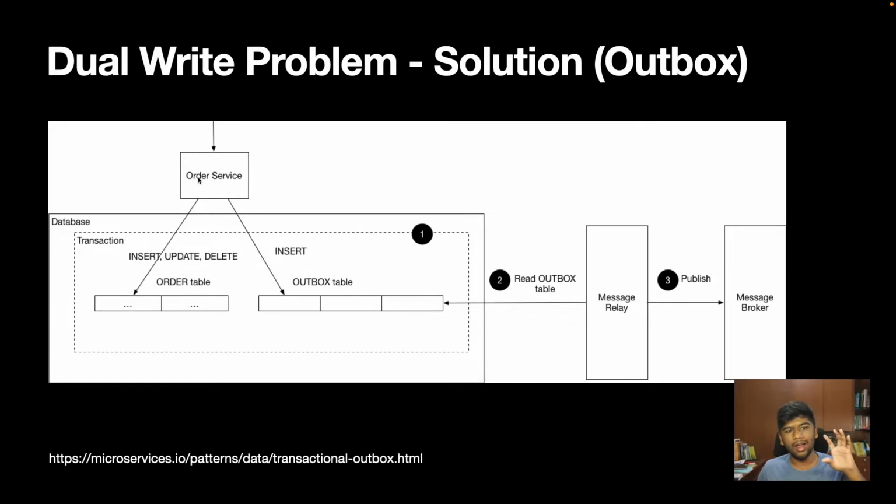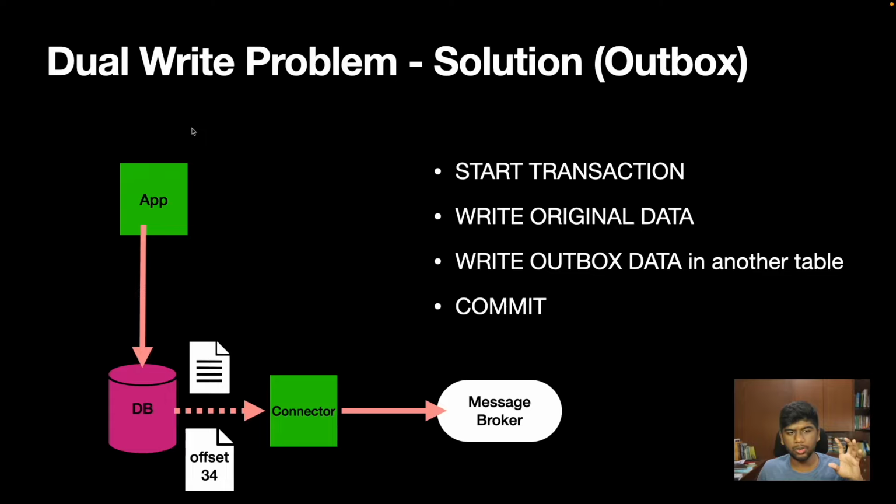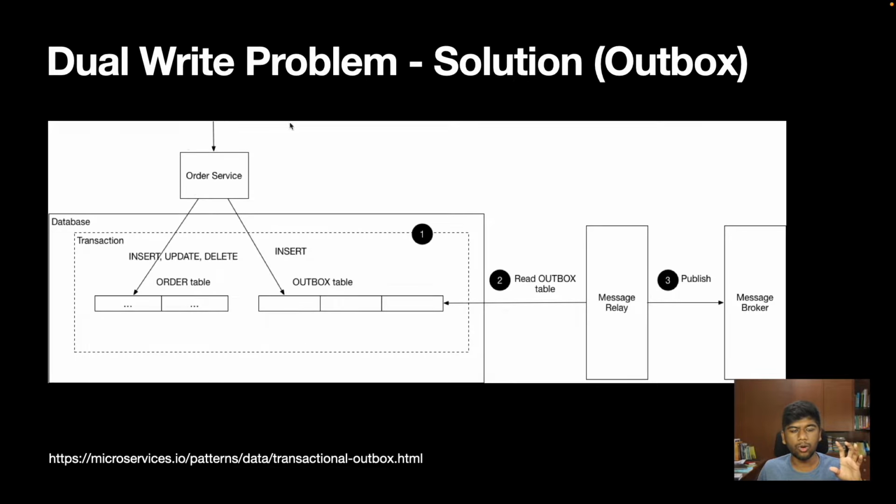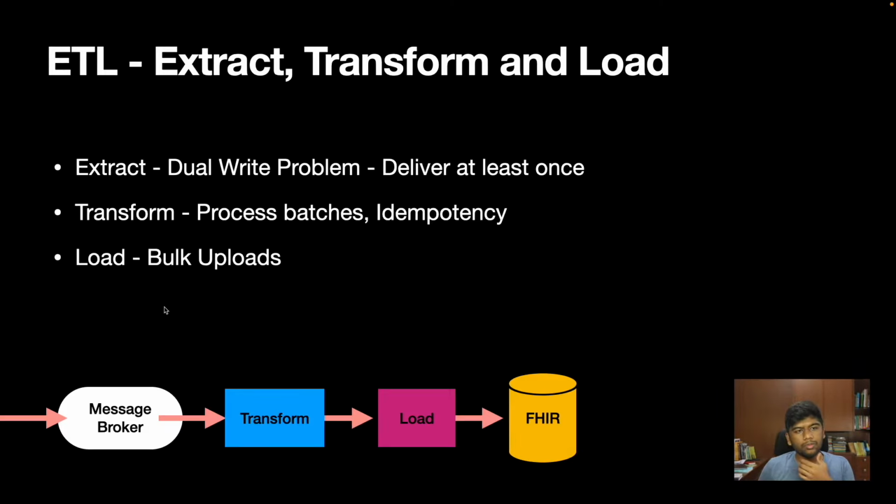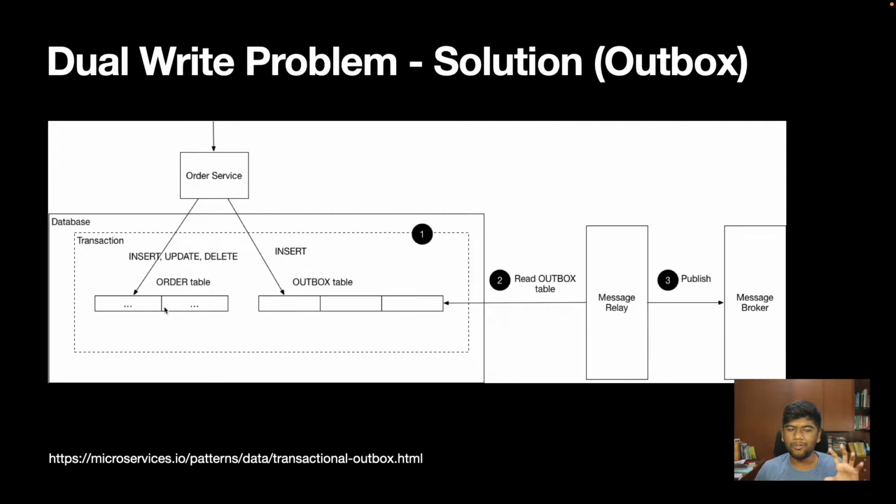So again, you have to make changes to the original app here, but your original application inserts both the original table and the outbox table that needs to be sent out in one single transaction. And your message relay or your connector, like Debezium, listens to this particular outbox table and then pushes that to a message broker like Kafka, right? So that's the main thing that you need to know about the extract part of things.